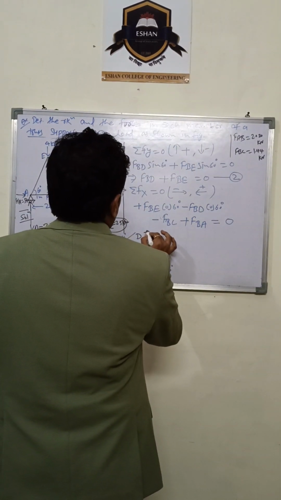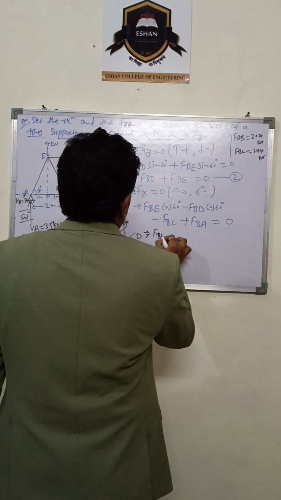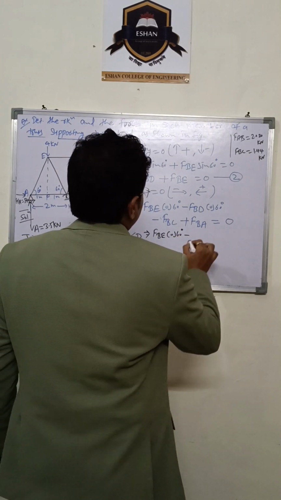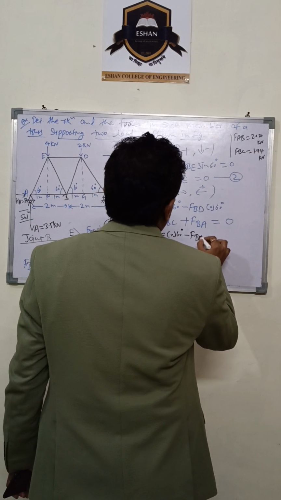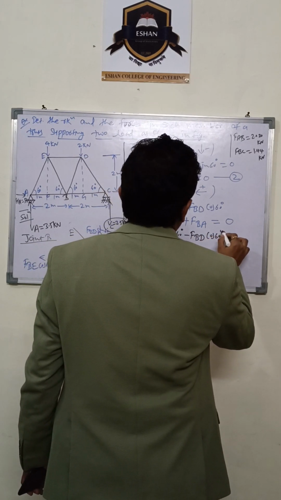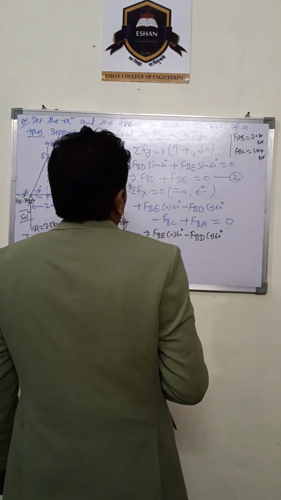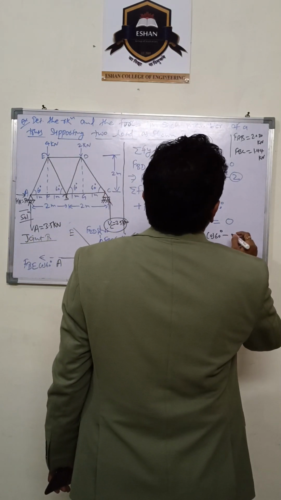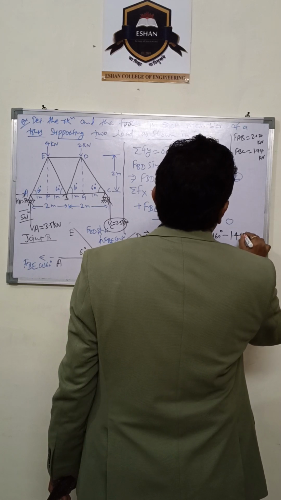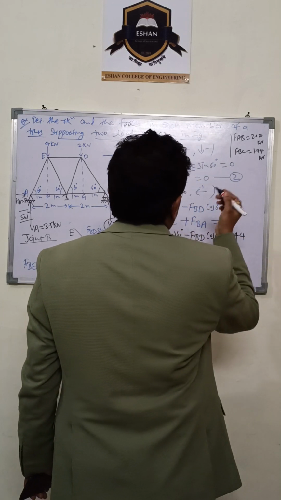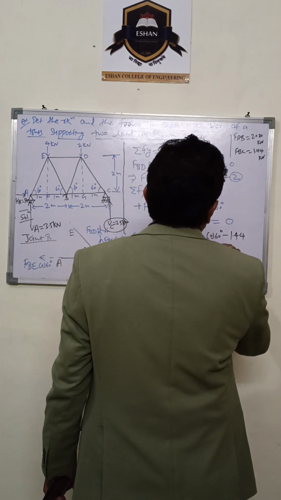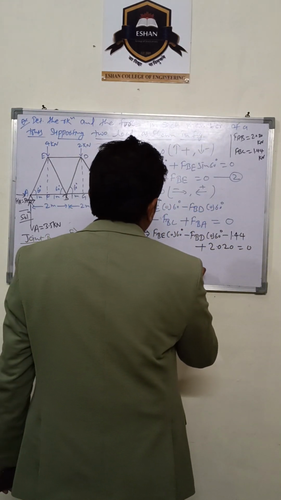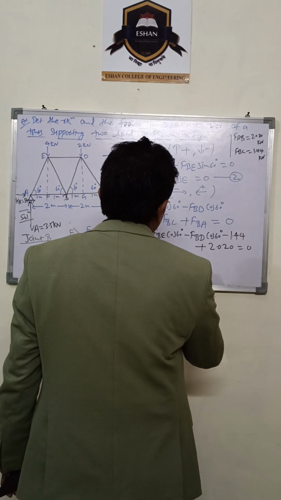So FBE cos 60 degree minus FBD cos 60 degree. We already have the values, FBC minus 1.44 plus BA, which we already have, 2.020, equal to 0. Now calculate.